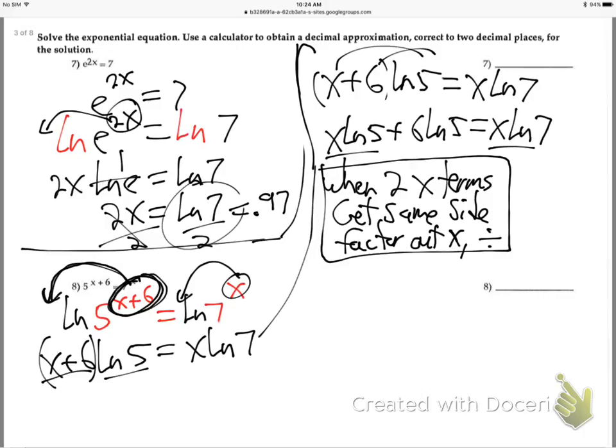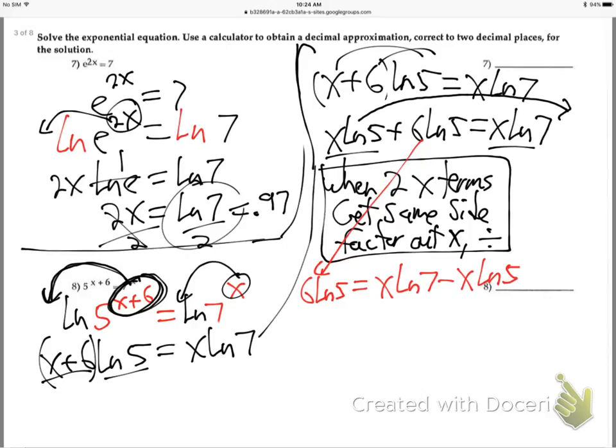So I'm going to grab this x ln 5 and jump it to the other side. Why? Because that'll put both the x's on the right and the non-x on the left. We want to separate out the x's from the non-x's. So coming down to here, I'll have 6 ln 5 equals x ln 7 minus x ln 5. So everybody see what happened?